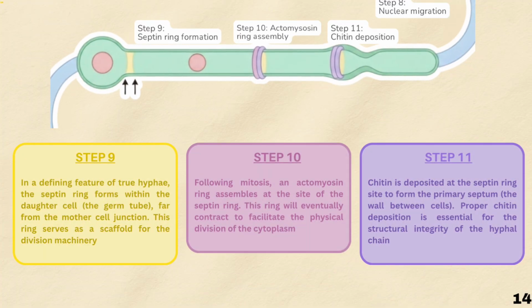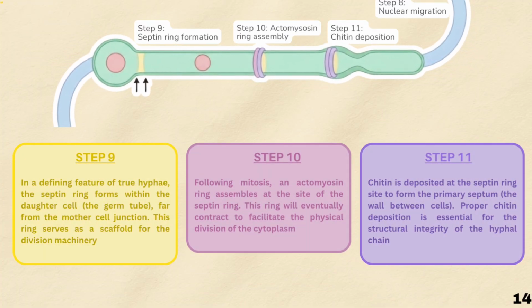Next, the cell marks its division point. In true hyphae, septin ring formation is unique because it happens inside the new tube rather than at the junction with the mother cell. This ring serves as the scaffold for the division machinery. Following mitosis, an actomyosin ring assembles at the site of the septin ring.